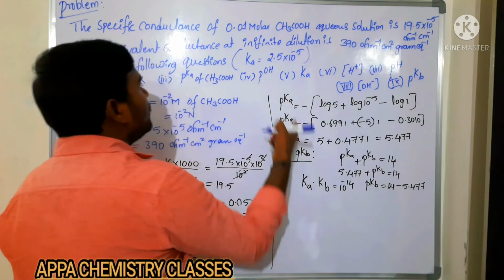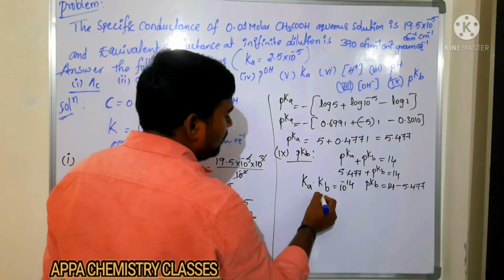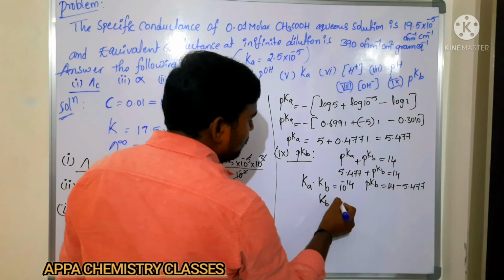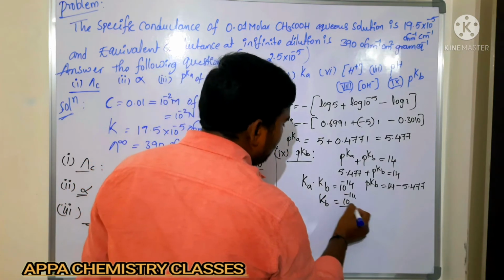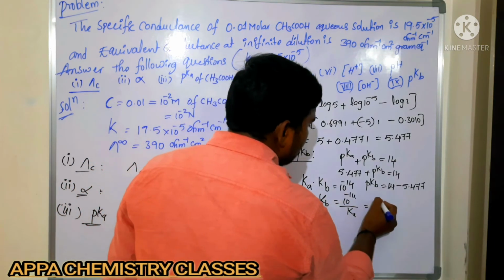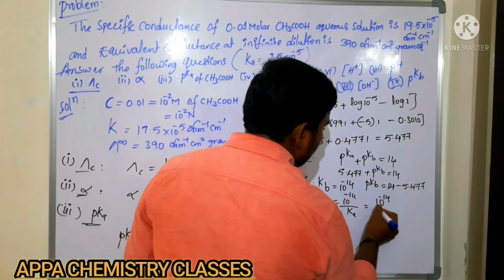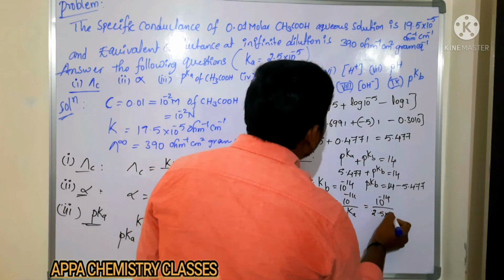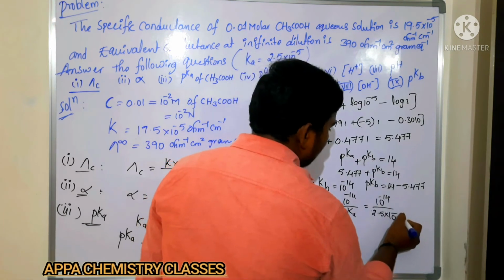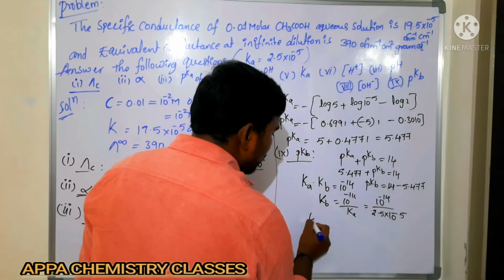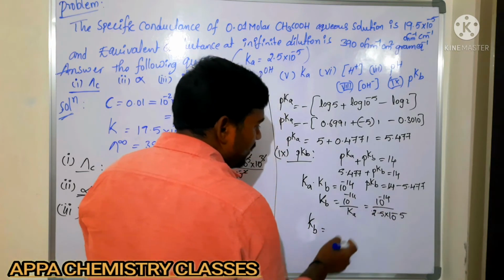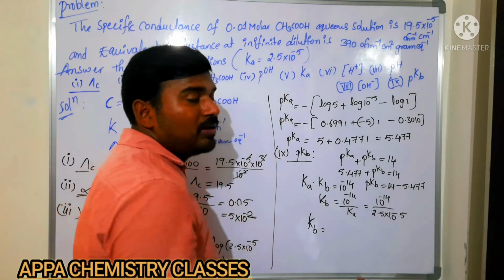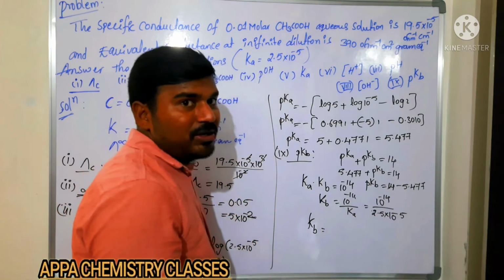So Ka value they given 2.5, that is Kb is equal to 10 power minus 14 by Ka, that is nothing but 10 power minus 14 by 2.5 into 10 power minus 5. So Kb is equal to 1 by 2.5, you can write it as 5 by 2.